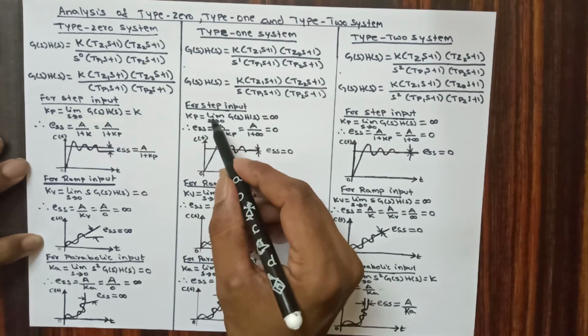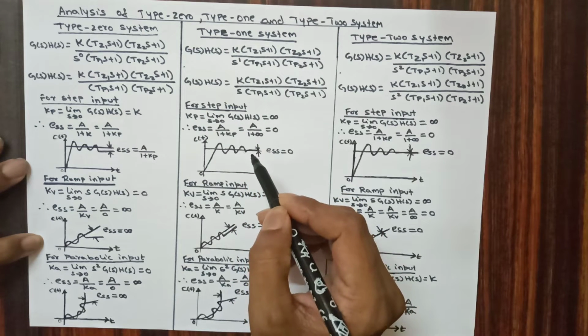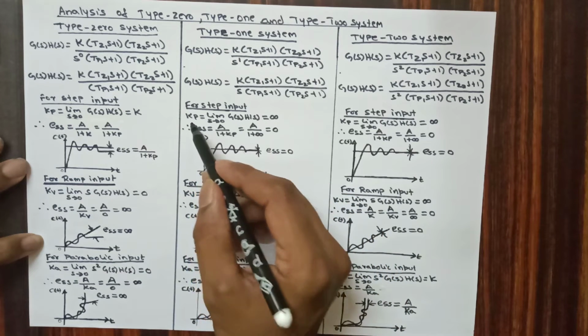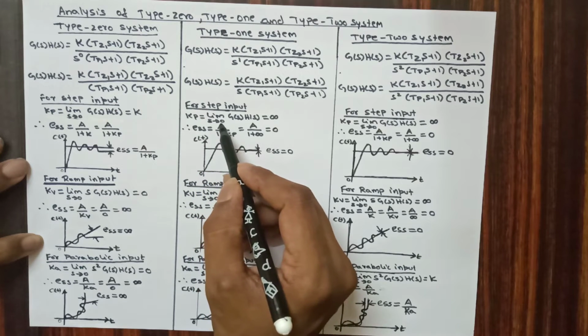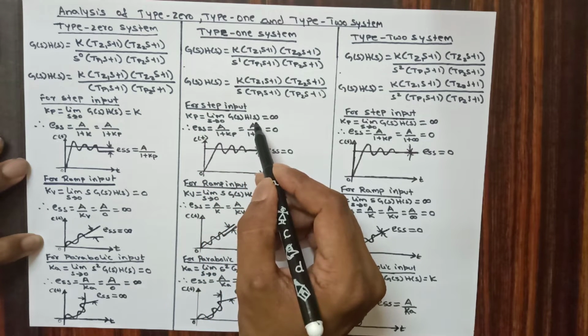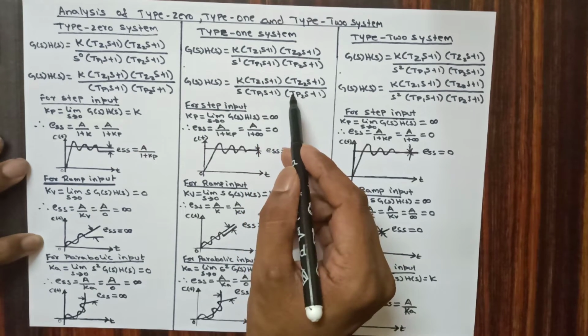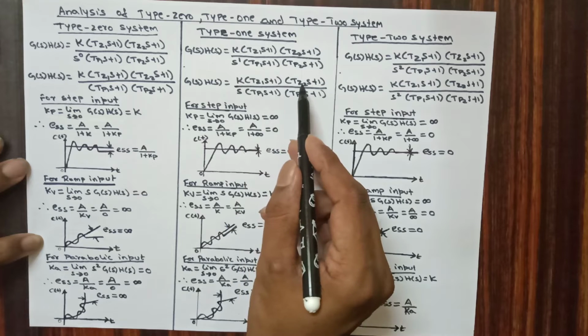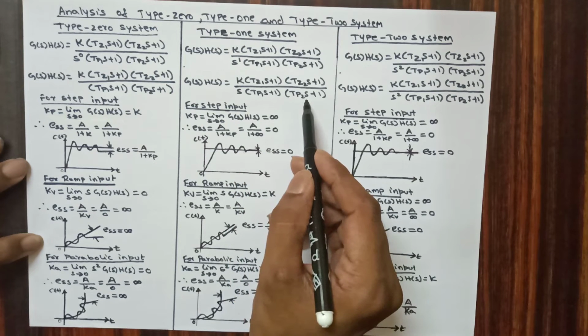Let us see, by applying step input to a type 1 system, what the steady state error will be. As we know the formula, the positional error coefficient Kp is equivalent to limit s tends to 0 of G(s) into H(s), and this time G(s) into H(s) for a type 1 system is K into numerator terms divided by s into denominator terms.